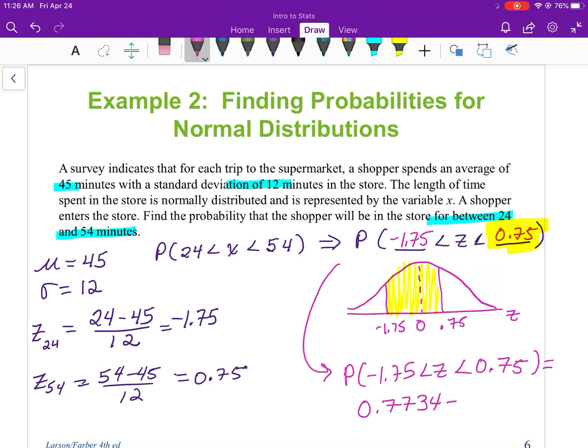And then I would look up the probability for negative 1.75 and then subtract. Okay, so no different than the work here you would have done in lesson 5.1.